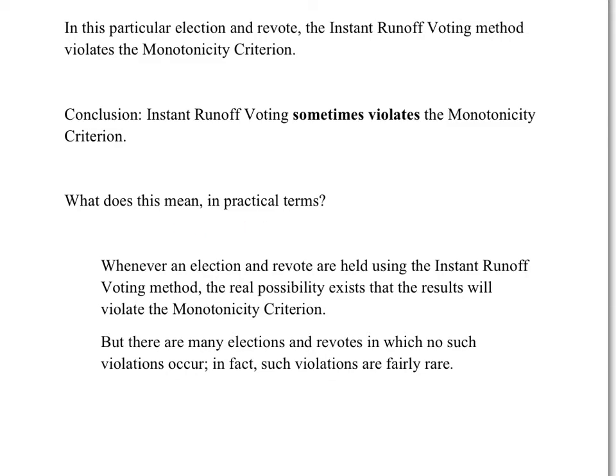It means that if you hold an election, followed by a re-vote, and you're using the instant runoff voting method to determine your winner, you have to go into that scenario worried that there is some possibility that the results will violate the monotonicity criterion. Such a violation is possible. Some of the time, it does happen. But to be clear, there are many, many elections and re-votes in which no such violations occur, and in practice, such violations are fairly rare.